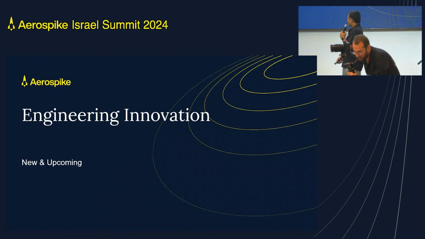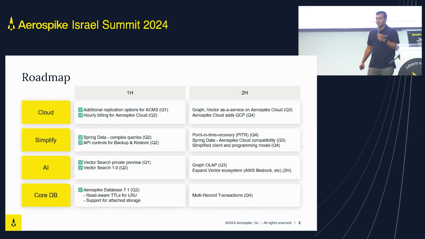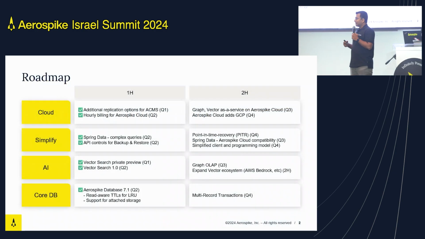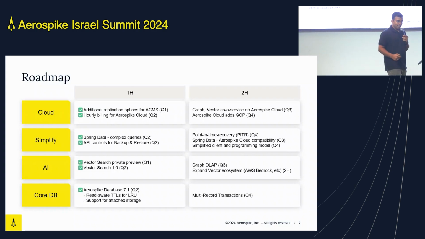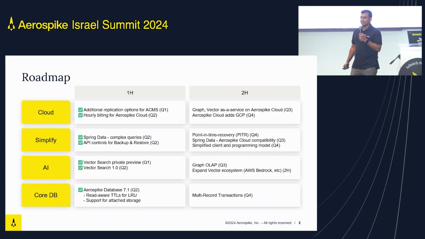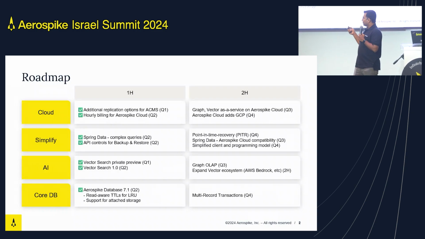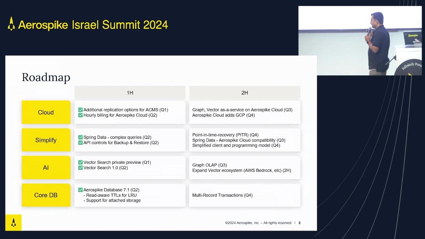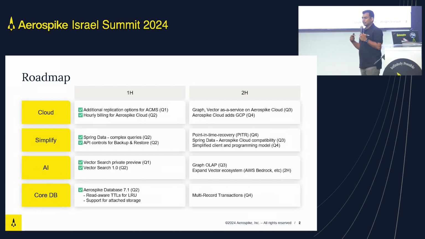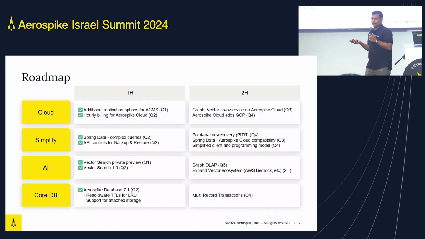Okay. So today I will just go through some of the roadmap we have. I will not be covering all the details in all these dimensions because that will take a lot of time, so I will limit myself to a few areas. Srini already talked about the AI we have, so I will not be covering that. We are doing vector search and we will be building more indexes and new capabilities into our vector search, and Srini already covered that part.